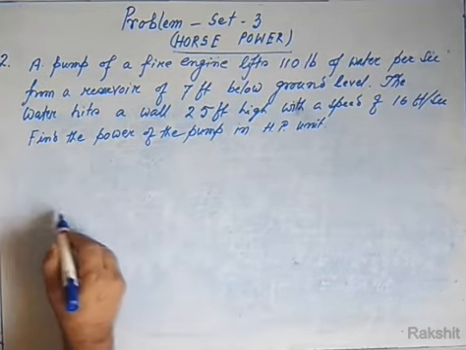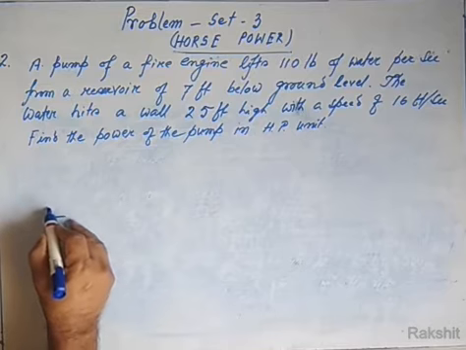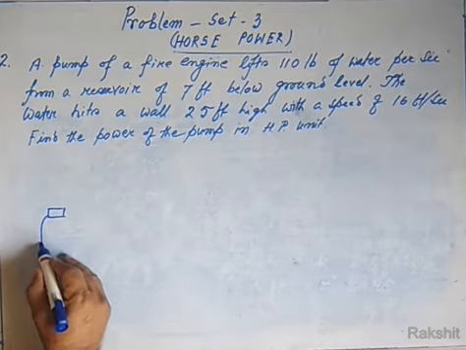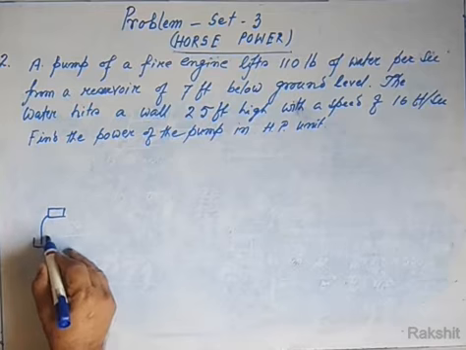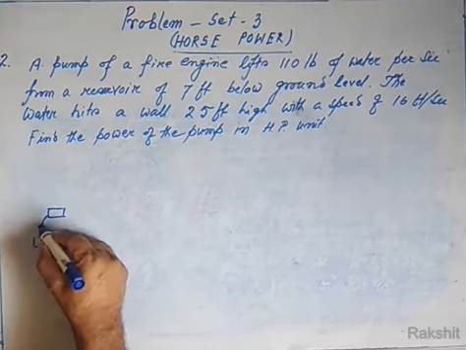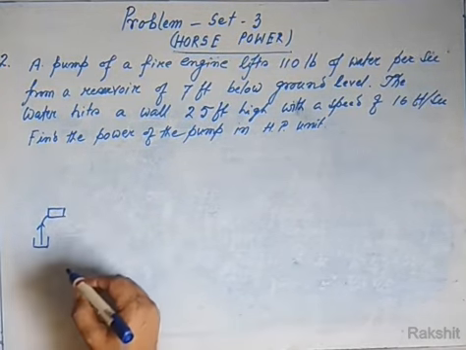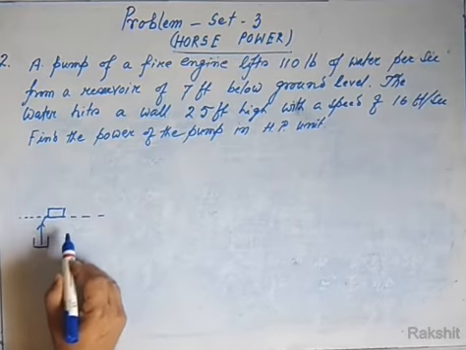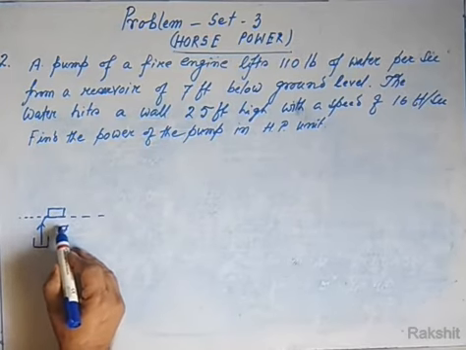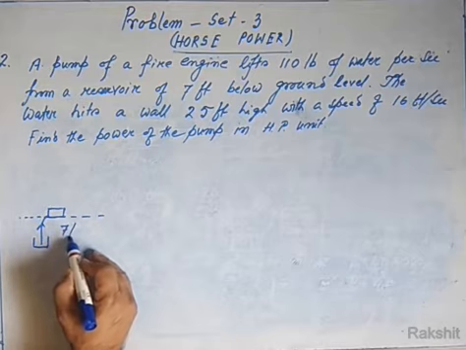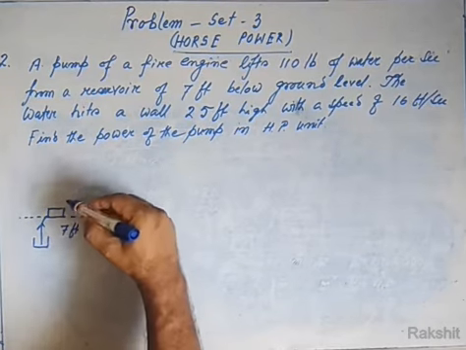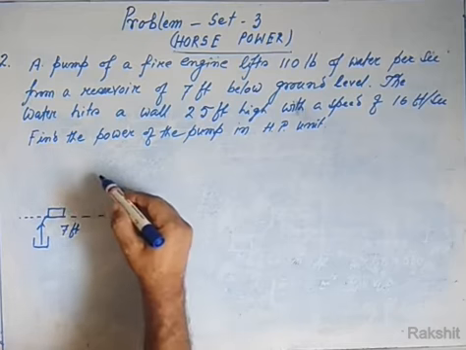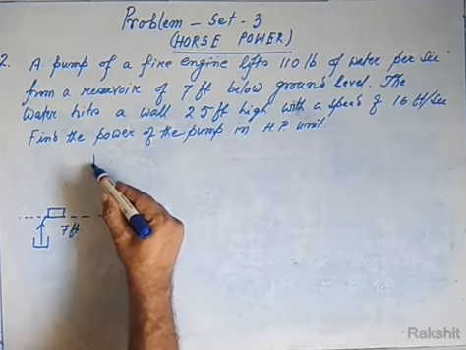So there is a pump. Suppose this is the pump, this is the reservoir from which it lifts water. It is 7 feet below the ground, so this is ground. The depth of the reservoir is 7 feet. And this pump hits a wall. There is a wall here.